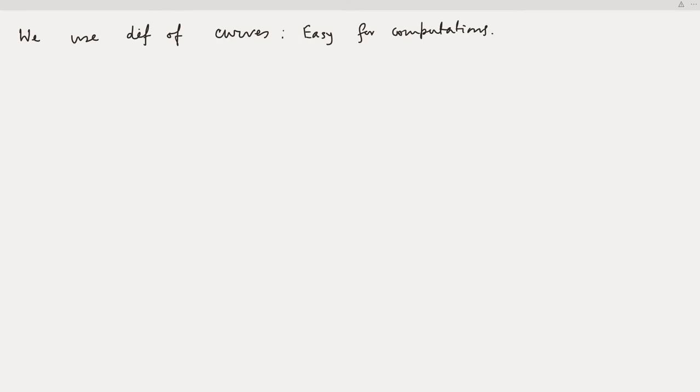Here we use the parametric definition of curves, that is, parameterized differentiable curves.